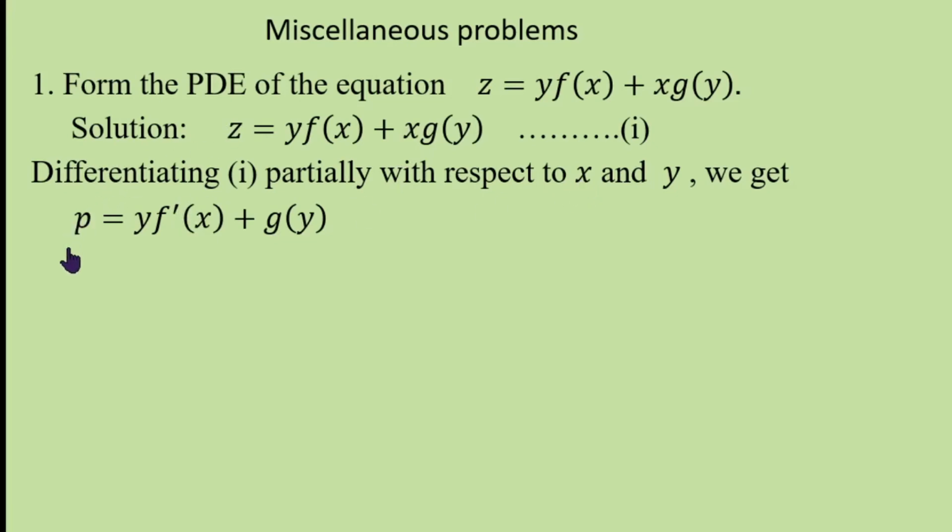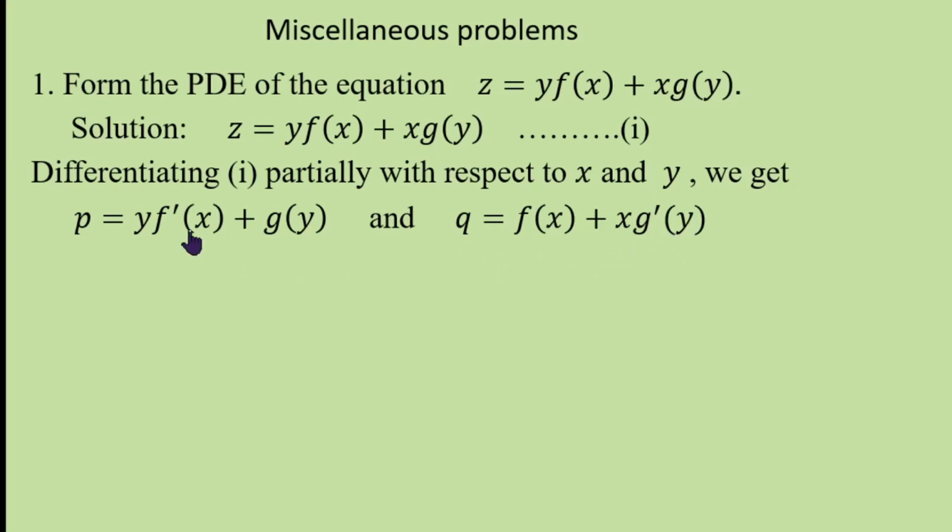Dou z by dou x is p, y is constant, y into f dash x plus g of y into derivative of x, that is 1. And similarly, when you differentiate partially with respect to y, q equal to 1 into f of x plus x into g dash of y.